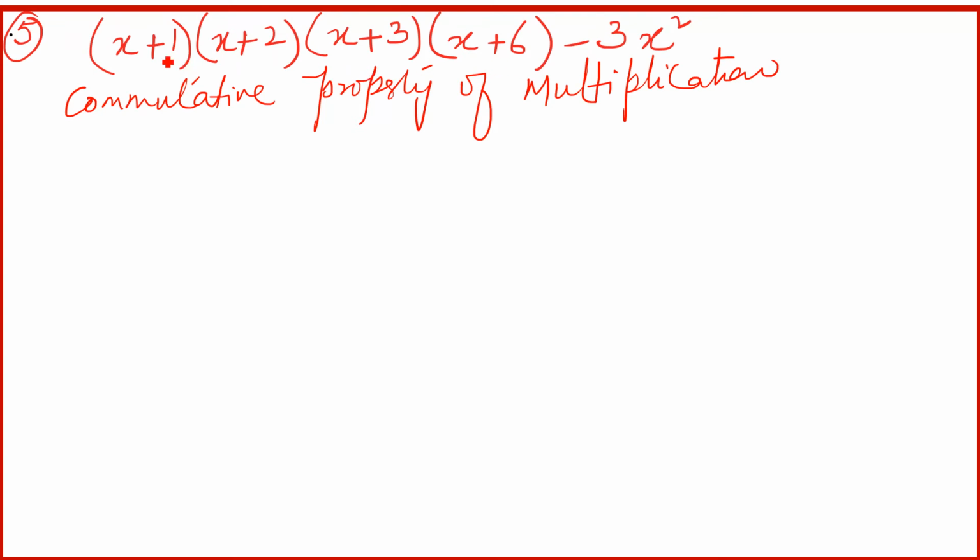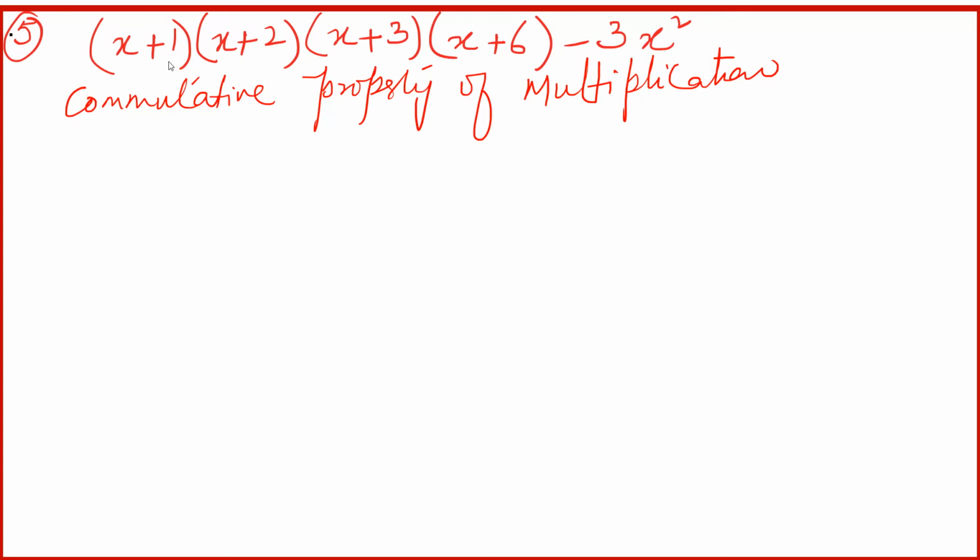If you try, see, 1 plus 2 is 3, and then 6 plus 3 is equal to 9. We cannot use the commutative property of addition. 6 plus 2 is 8, 3 plus 1. Just try to make different pairs: 3 and 2 is 5, 1 and 6 is 7. So we cannot make it. And this is not the commutative property of subtraction because all are positive. So try for the multiplication.